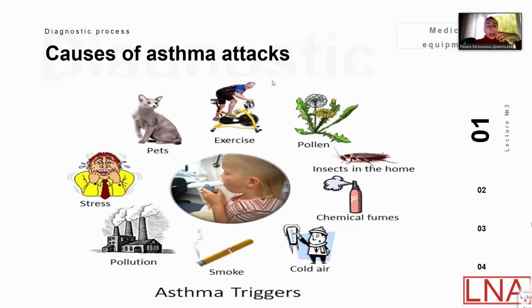Yeah, and this is a scheme of the causes of development of asthma, and we discussed that asthma is also a broncho-obstructive syndrome. In the central part is a human, a child, but it can be an adult patient.